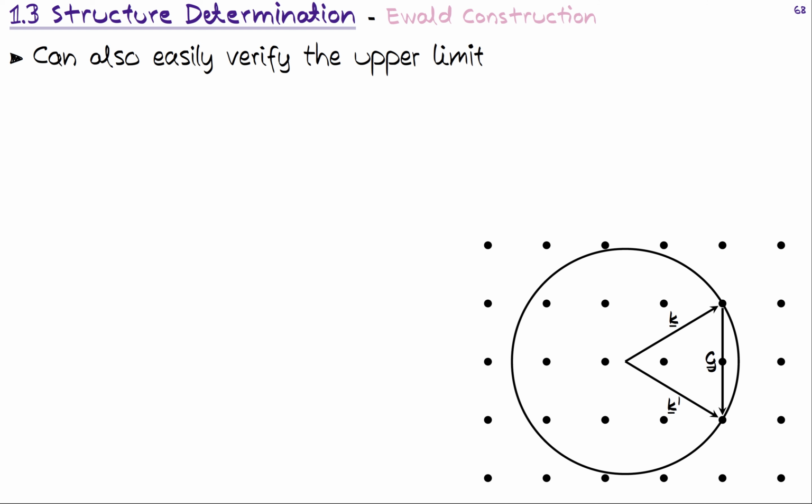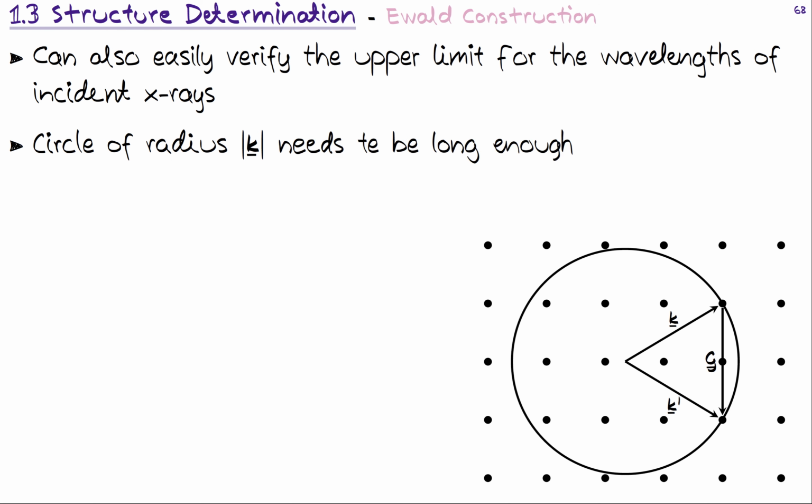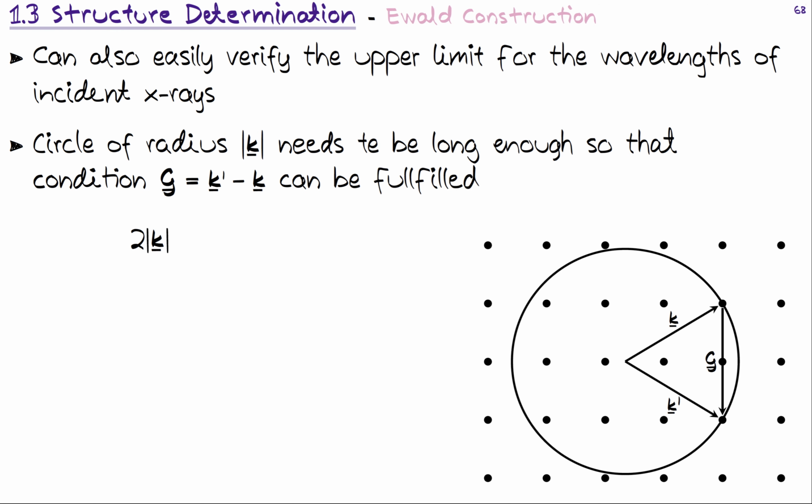And now we can also verify what we discovered using the Bragg theory, namely the upper limit for the wavelengths of interest when we are shining X-rays into our sample. We can see that the circle has a radius equal to the amplitude of k, and this radius needs to be long enough that the condition can be fulfilled at all.